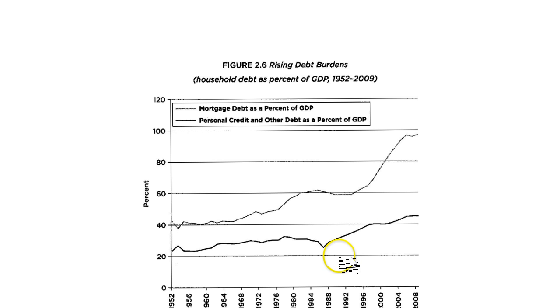And you could see that personal credit debt didn't rise as much. So basically, the debt homes were taking on was based upon mortgages. So this tells you that people were buying more homes by borrowing more money.